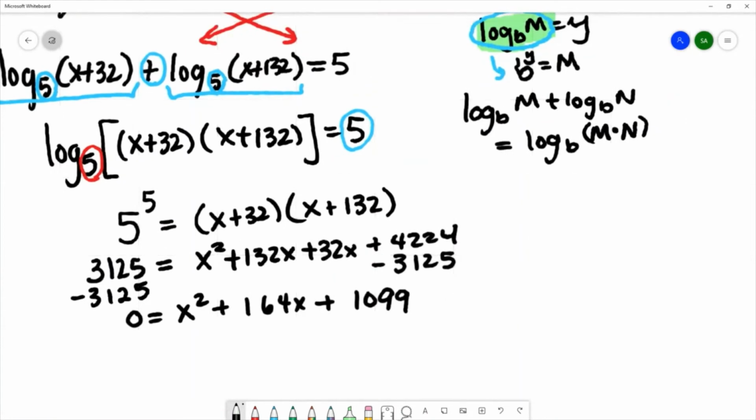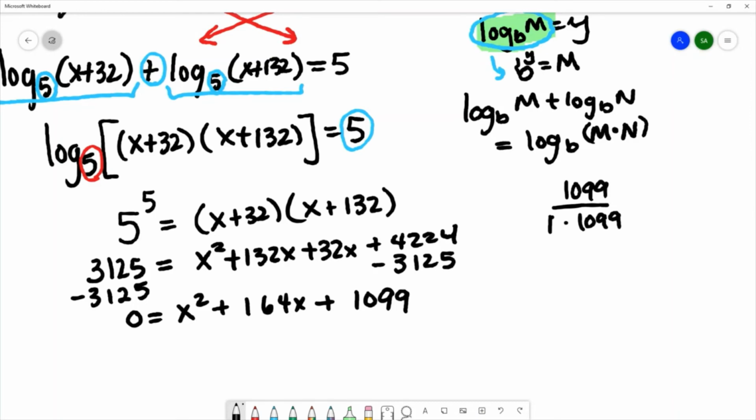Okay, we want to try to solve this. I can try to solve it by factoring. I need to know factors of 1,099. I've got 1 times 1,099. This is not an even number, so 2 will not go into it. I also know 3 will not go into it because the sum of the digits is not divisible by 3. 4 won't work, 5 won't work, 6 won't work.